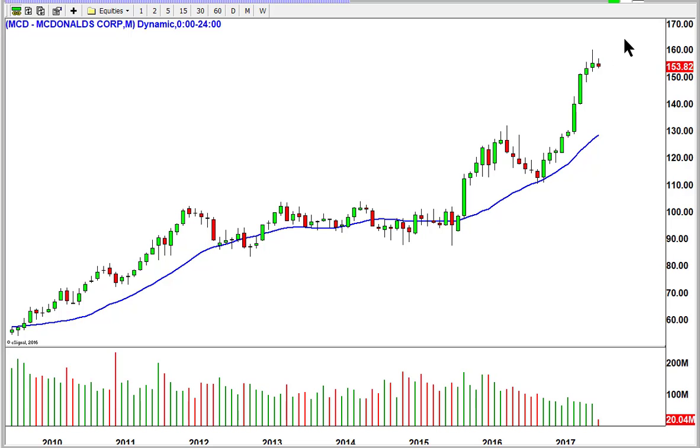So let's just say, for example, I could sell the $170 call that expires in 2 months. If this McDonald's just stayed sideways in this area, I get to keep the money. And over the course of those 2 months, that option is going to become worth less and less and less because of the time decay.